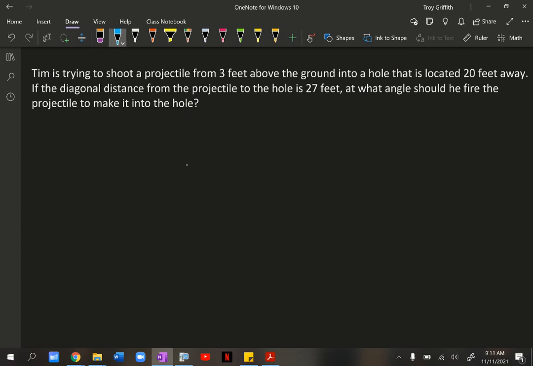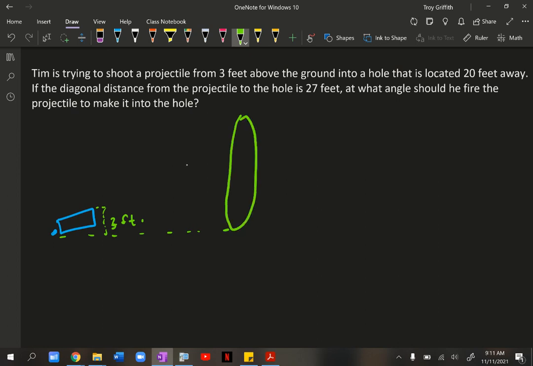All right, well, let's see what we're working with right here. So we've got a projectile. We'll draw a cannon right here. If this is the ground, the cannon is 3 feet above the ground. Then we've got this hole that's somewhere over here.